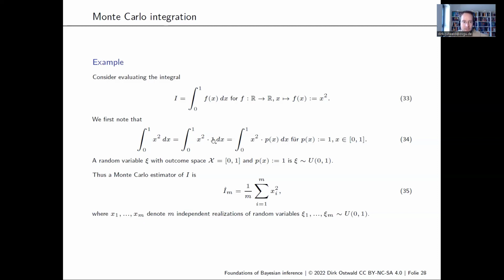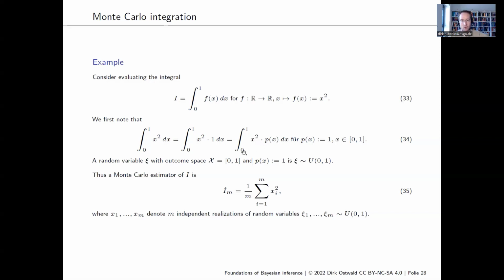Well, a distribution that has density function values of 1 from 0 to 1. Because x squared times 1 is still x squared. If we now conceive our 1 here as a probability density, then it's of course the density of the uniform distribution on this interval 0, 1.